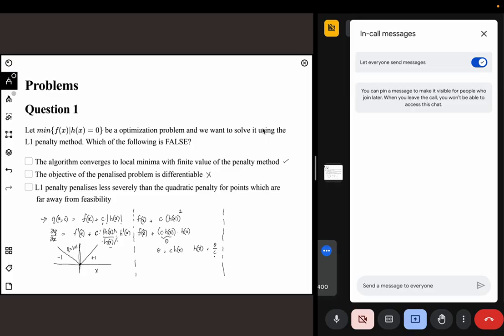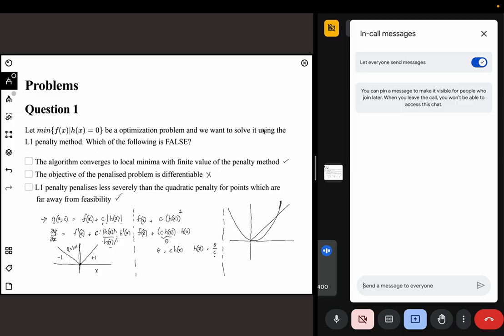True. Okay. Why? And what about L1? No, but L1 also goes to infinity, right?